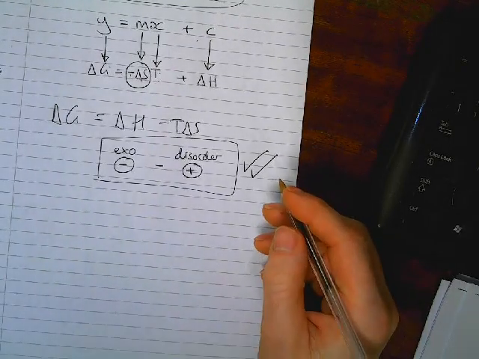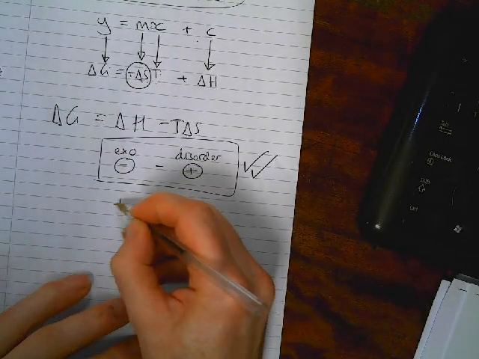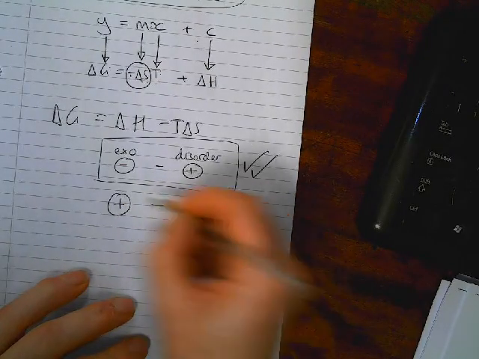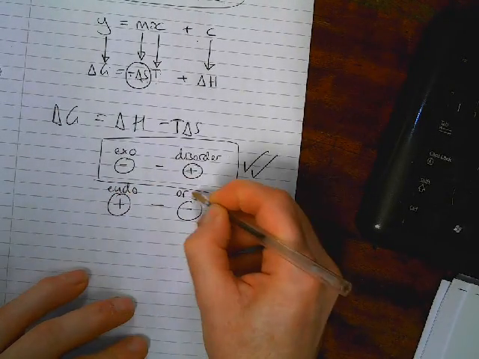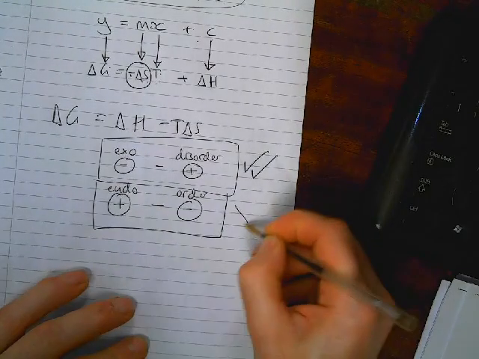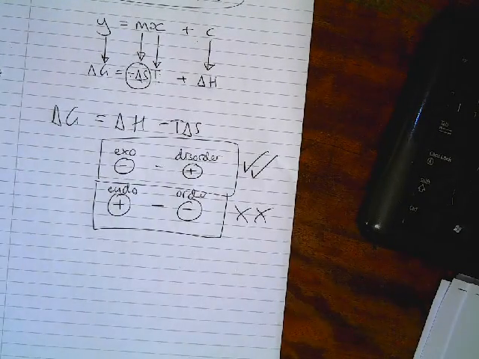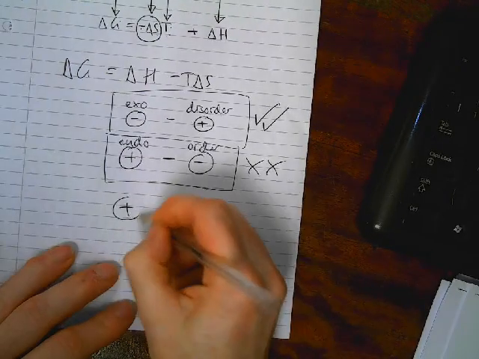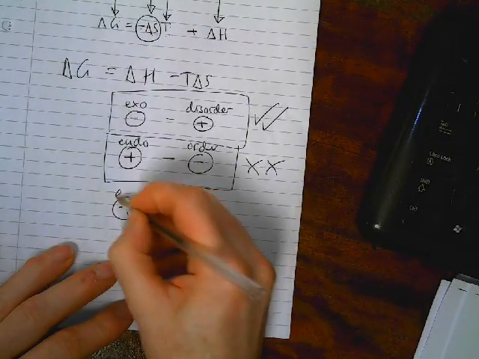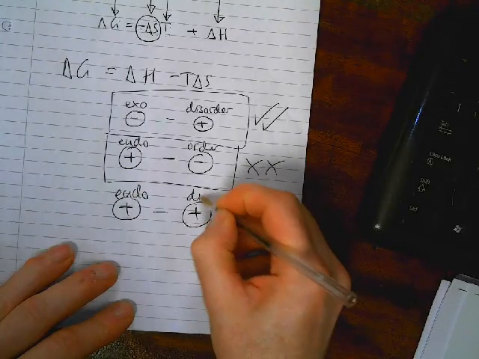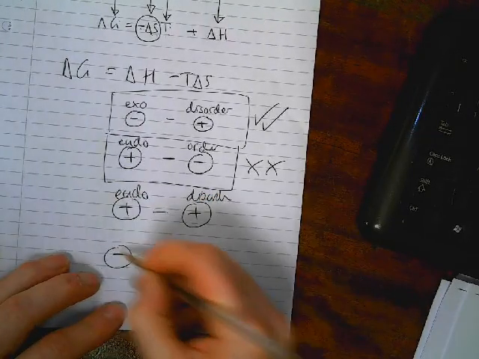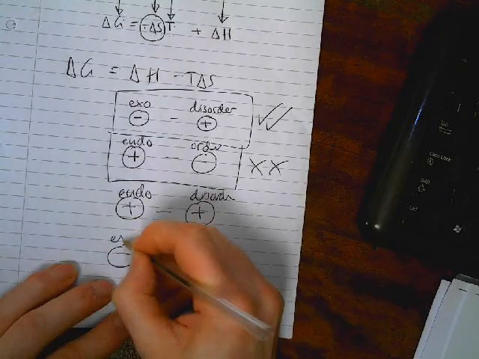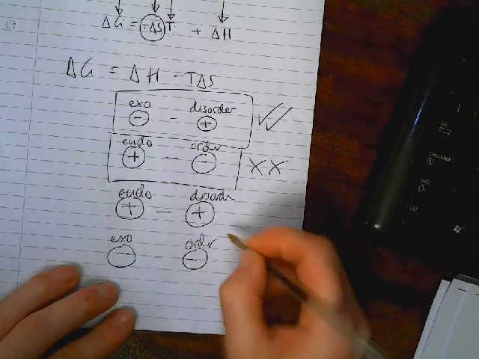You okay with that? Good. Then we can have an endothermic reaction that creates order, and as we've seen, that is unfeasible at all temperatures. Then we can have a plus-plus situation, endo creating disorder, and a minus-minus situation, exo creating order.